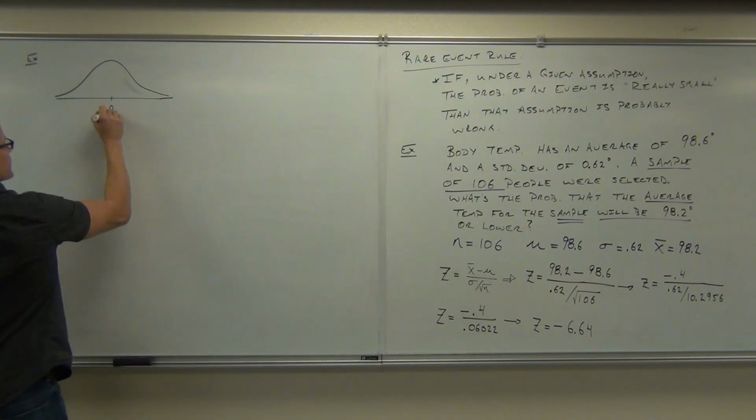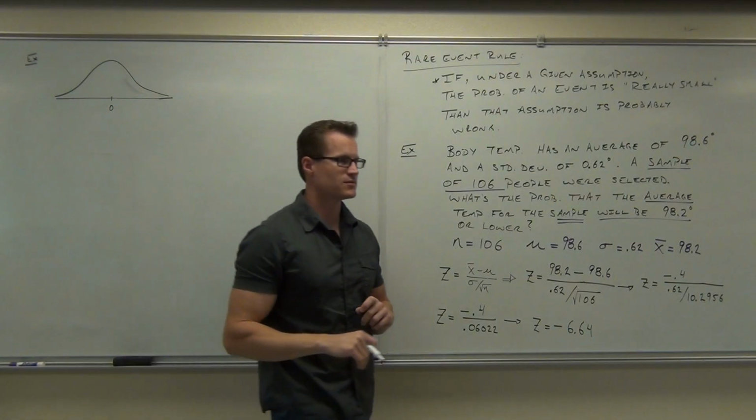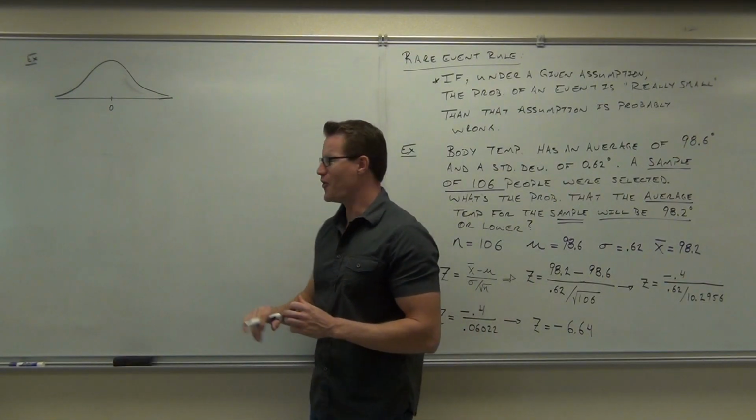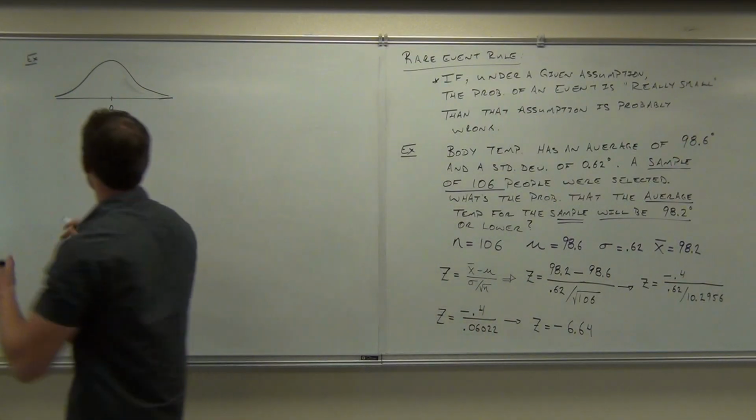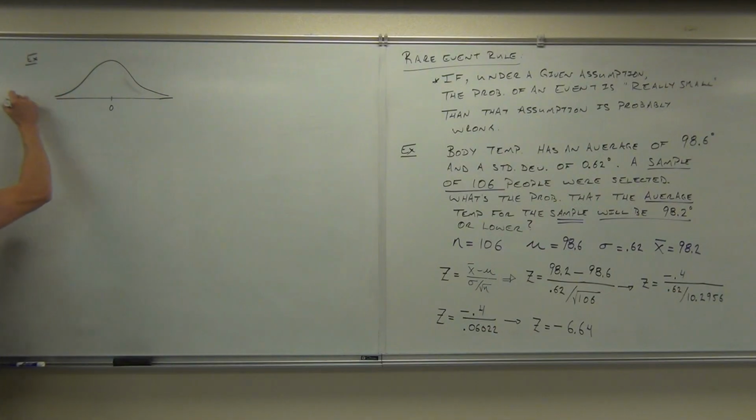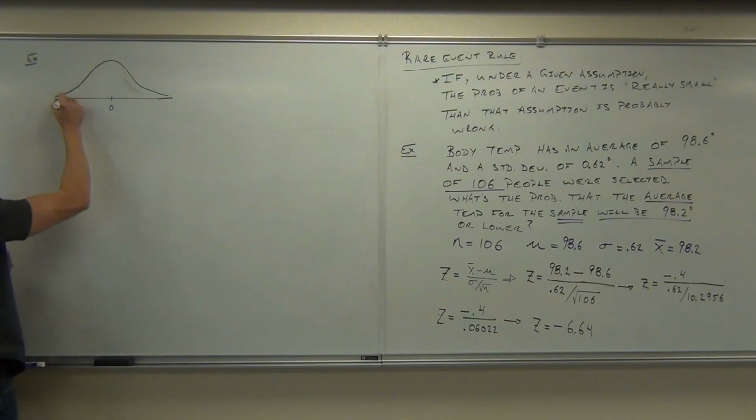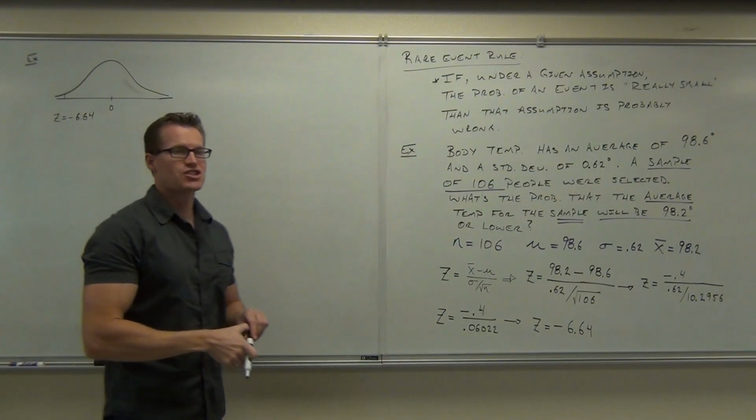Where's negative 6.64? Right or left? How far left? Way left. Way in the left field. It's like here, actually. But we'll put it over here. It doesn't have to be exactly to scale. Z equals negative 6.64.